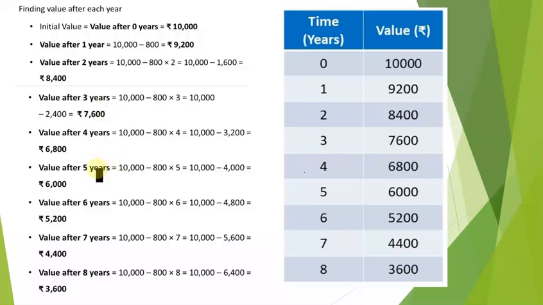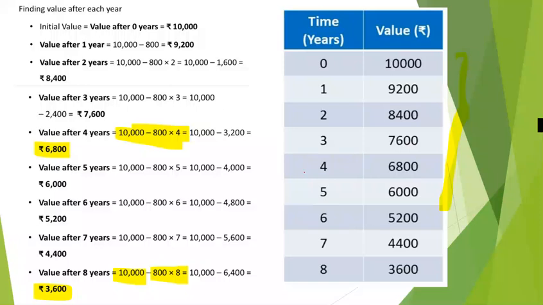Fourth year it will be 10,000 minus 800 into 4, you will get 6,800. Like that up to the 8th year, it will be 10,000 minus 800 into 8. That is 10,000 minus 6,400, you will get 3,600. So here we made a table that shows how the value of the phone depreciates with the years.